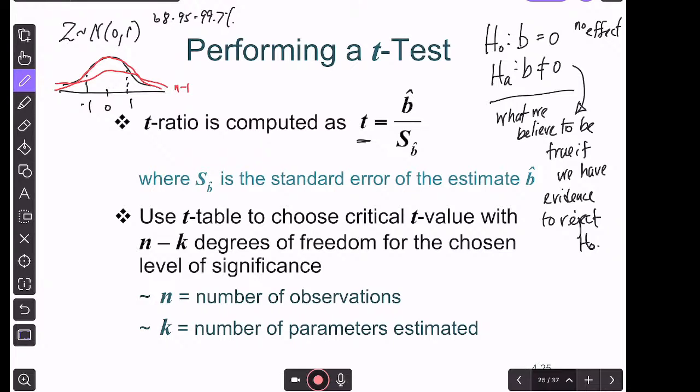When n is about 100, no, it's more like 1,000. When you have about 1,000 observations, the t distribution looks like the standard normal distribution. I think it's 1,000. I have to double check.